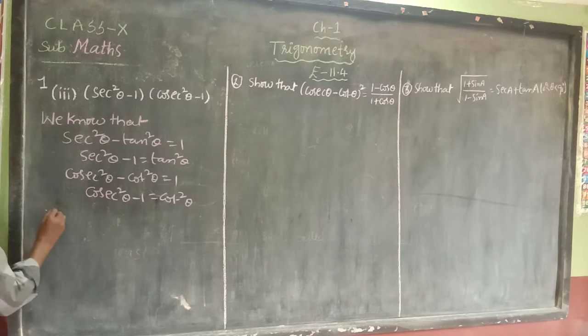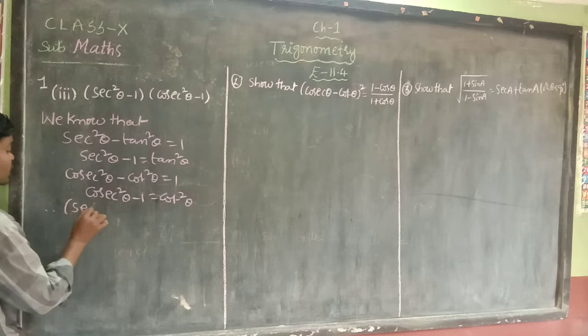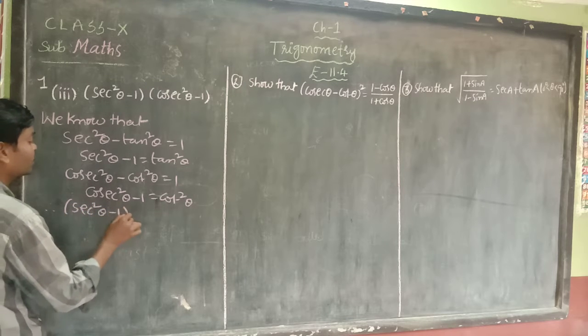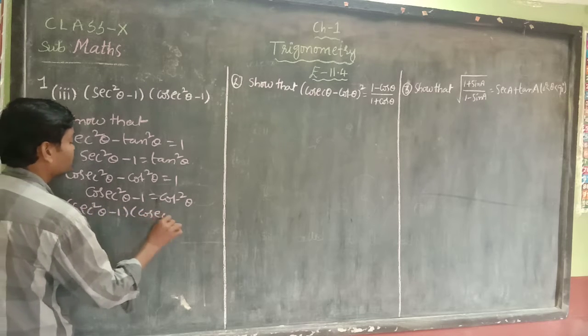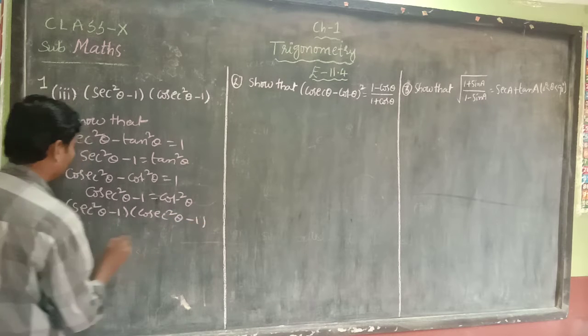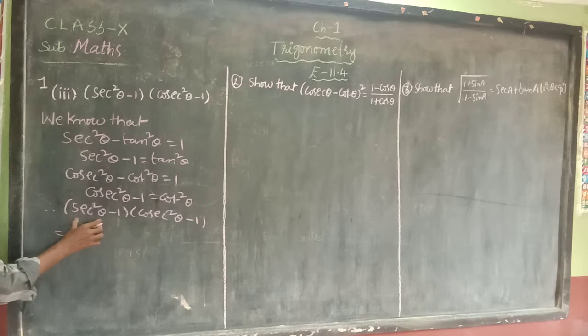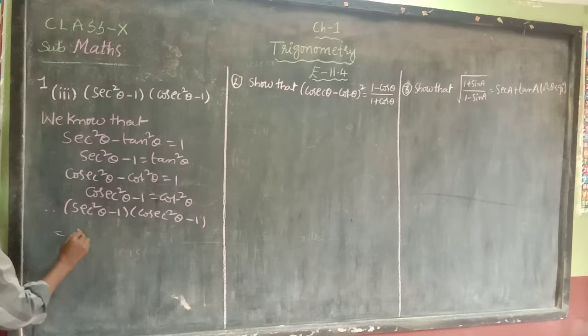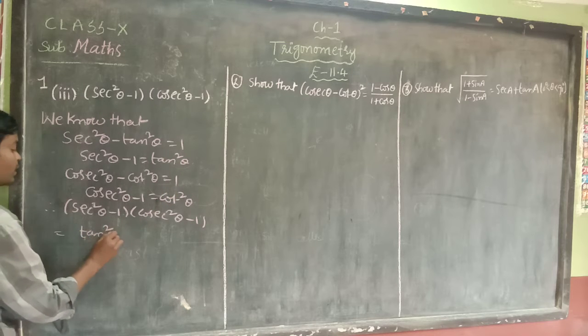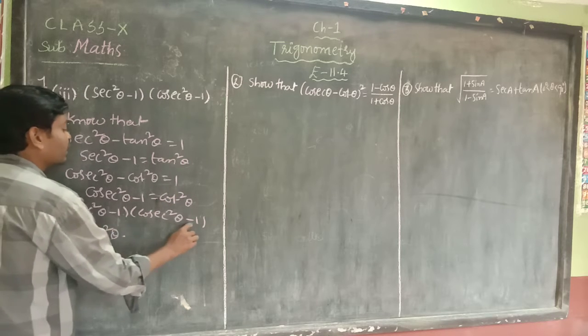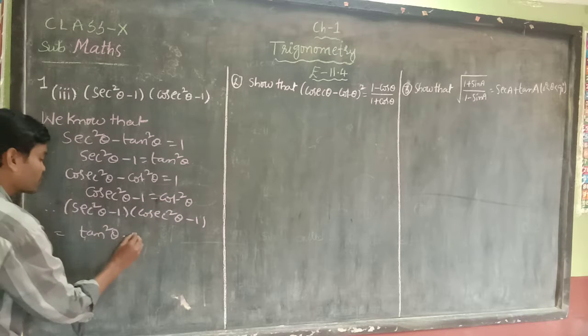So therefore, sec square theta minus 1 into cosec square theta minus 1 is equal to tan square theta into cot square theta.